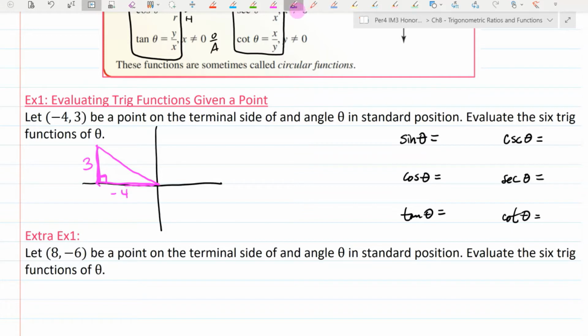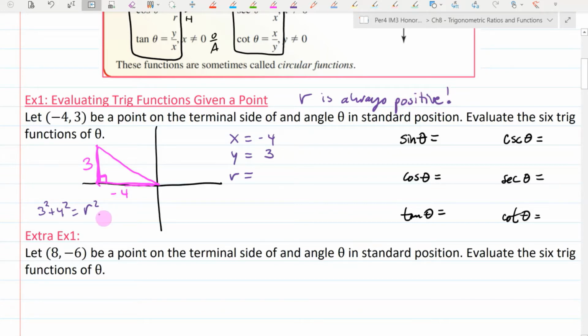Okay, so in this triangle, we're going to be using x, y, and r. So x is -4. Y is 3. And r, if you do the Pythagorean theorem here. Now, the triangle really can't have a negative length here, but it's 3 squared plus 4 squared equals r squared, and r is always positive.